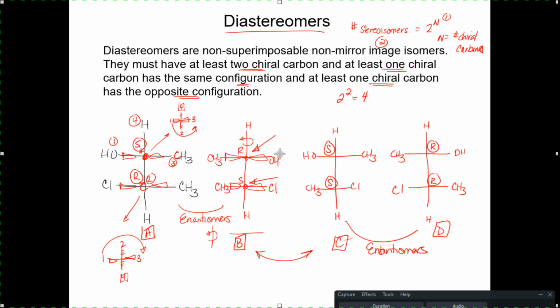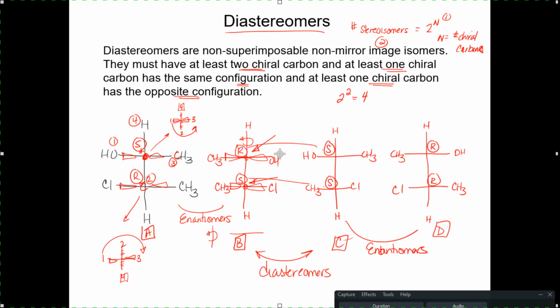What's the relationship between B and C? B and C are diastereomers, because R, S, S, S. At least one same, at least one opposite. And so therefore we have our enantiomers, or our diastereomers. So in a set of 4 molecules, there are always 2 pairs of enantiomers, but most of the relationships are diastereomers.